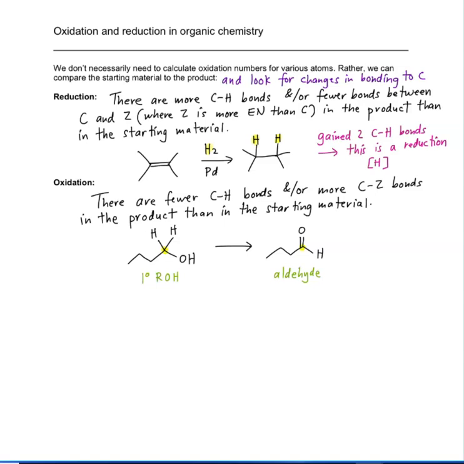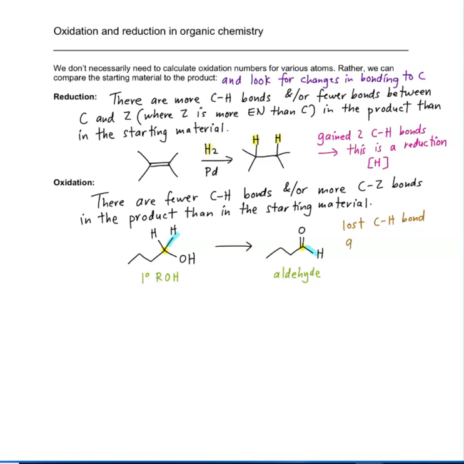So what we see is that we lost one of our CH bonds. So one of them is still intact, but the other one is gone. So we lost a CH bond. But also, in the product, we now have a carbon-oxygen pi bond, whereas we only had a sigma carbon-oxygen bond in the starting material.